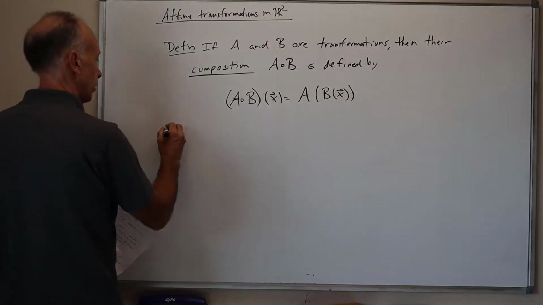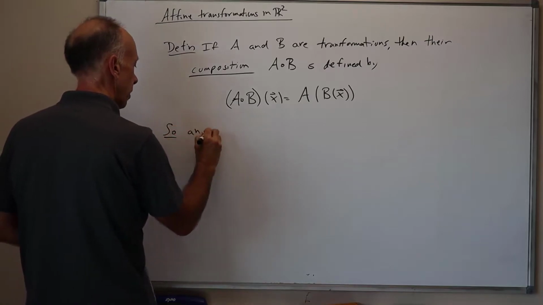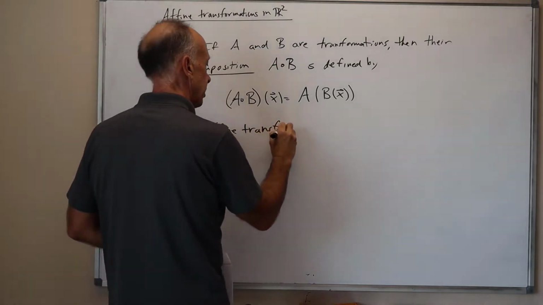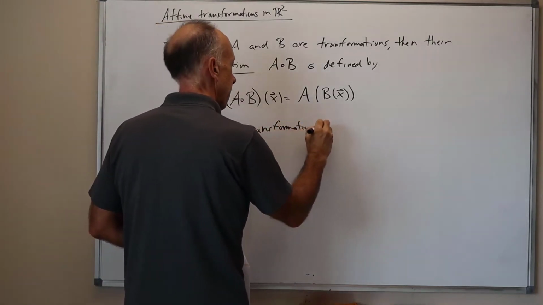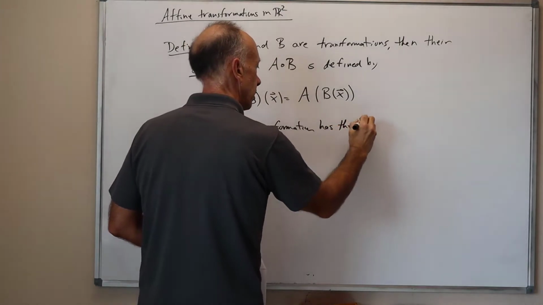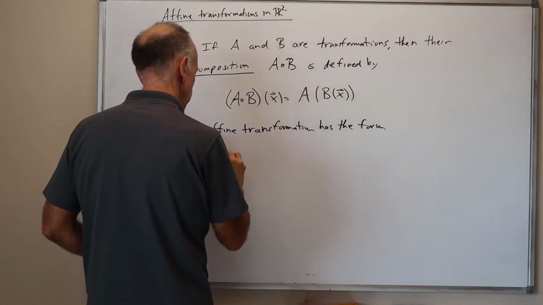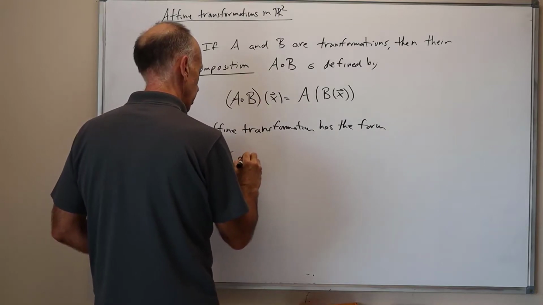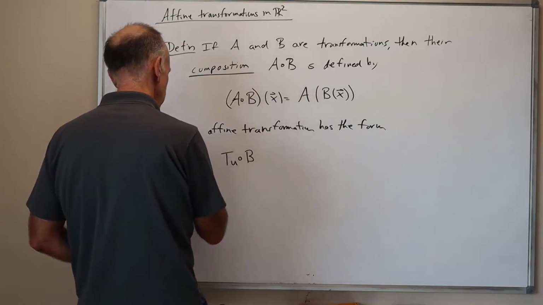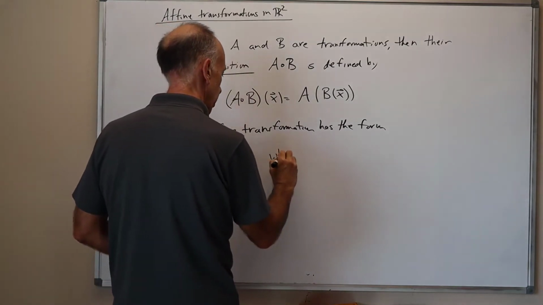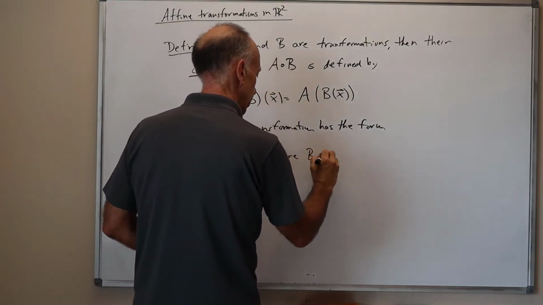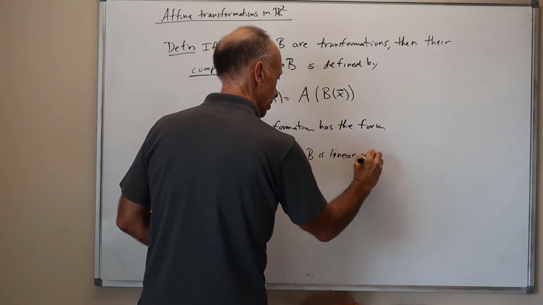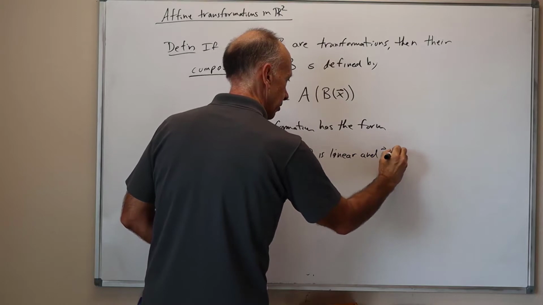So in particular, an affine transformation has the form T sub u composed with B, where B is a linear transformation, and of course u is a point in R2.